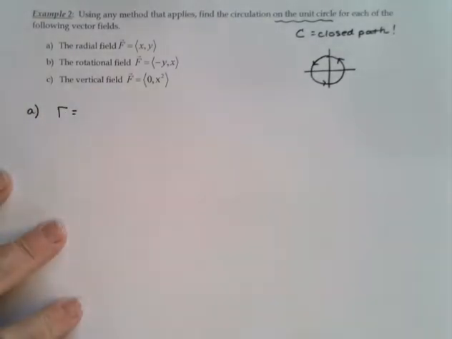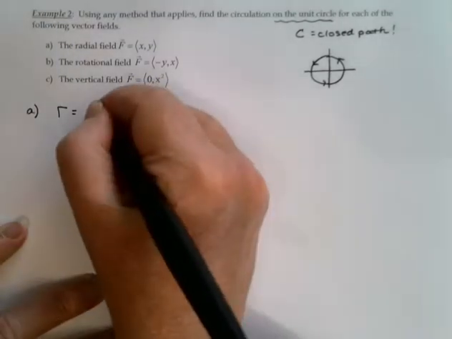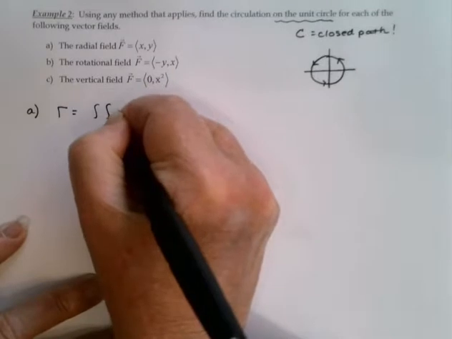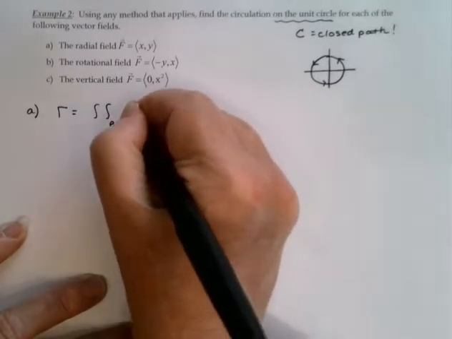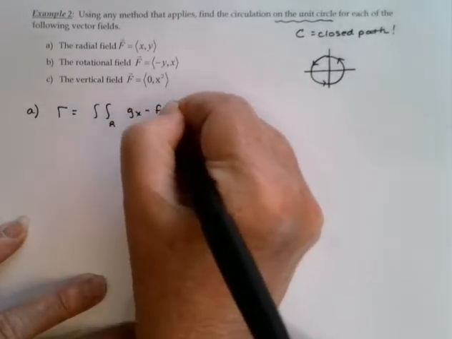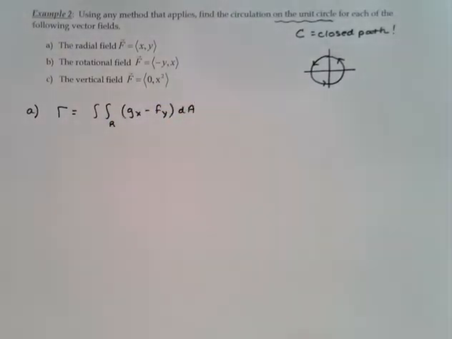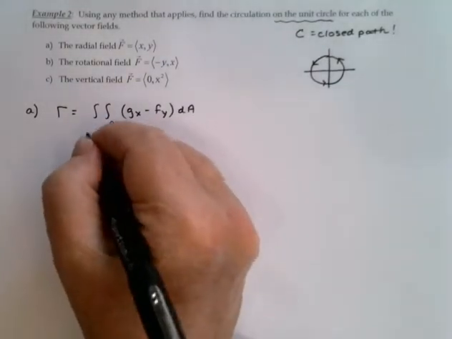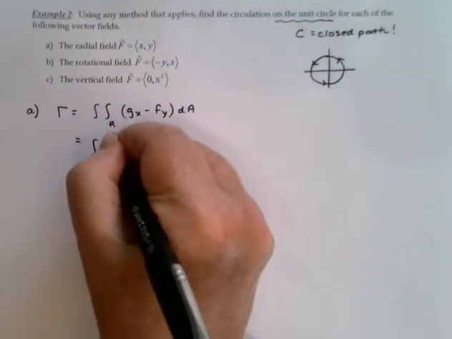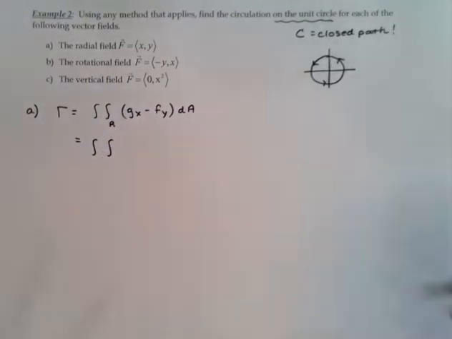So using Green's theorem, our circulation integral is going to be the double integral over the region of g sub x minus f sub y. And in this particular case, let's see, here's f and g.